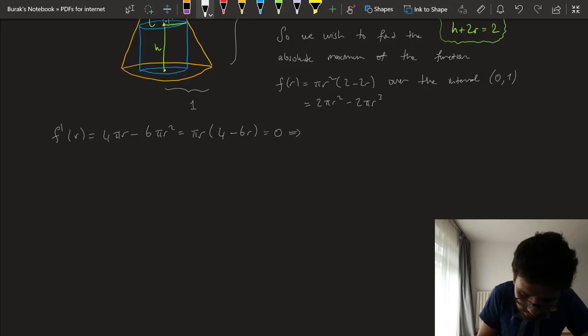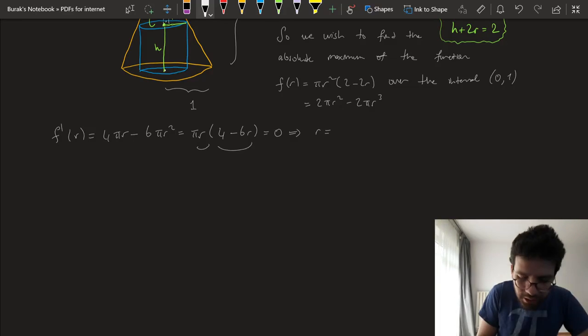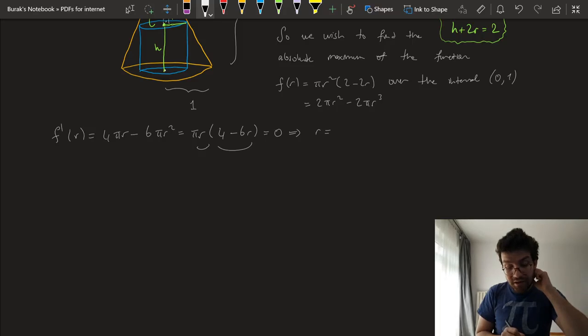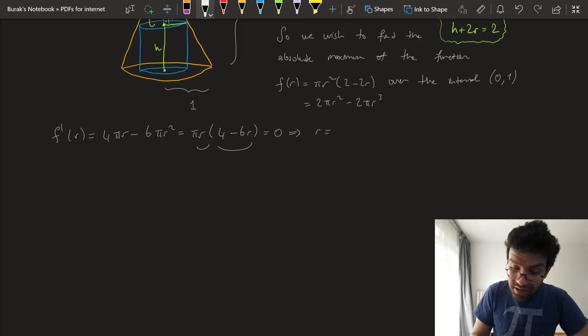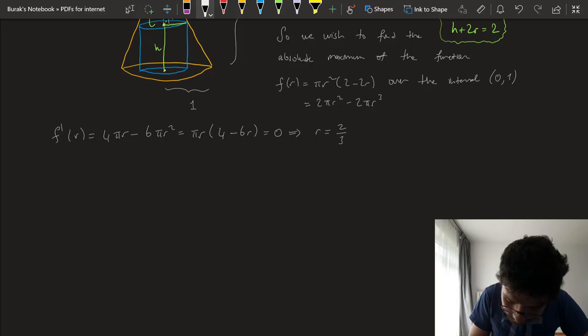If you set this to 0, either r is 0 or r is 2/3, but r can't be 0 because 0 is not inside this domain. So you get that r equals 2/3 is the only critical point.